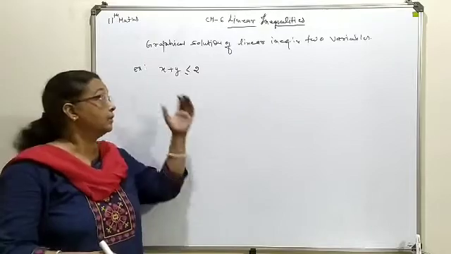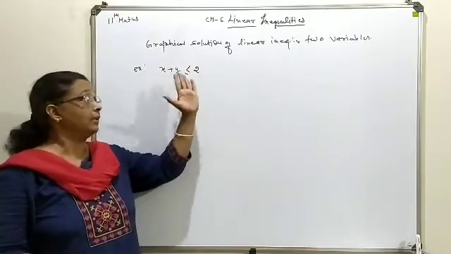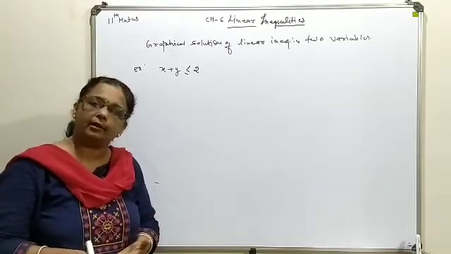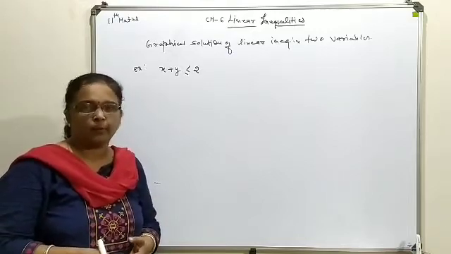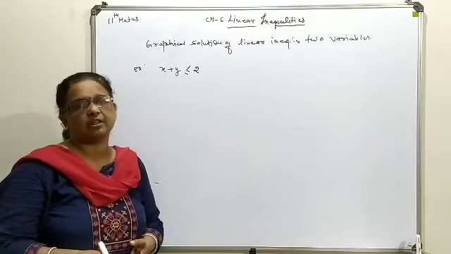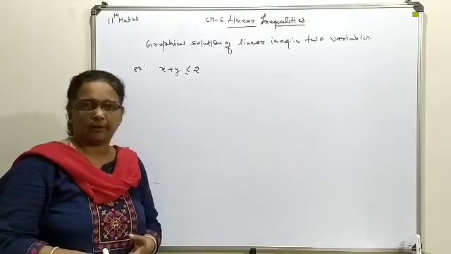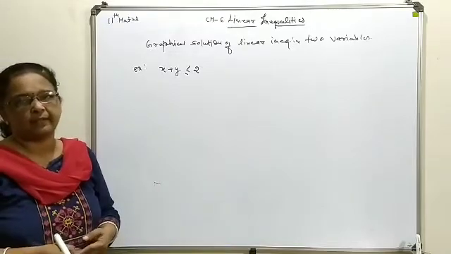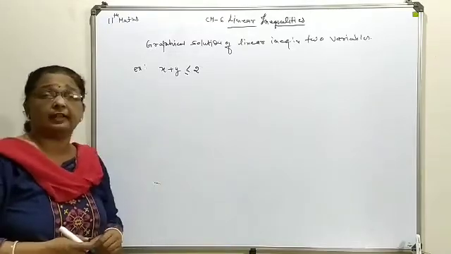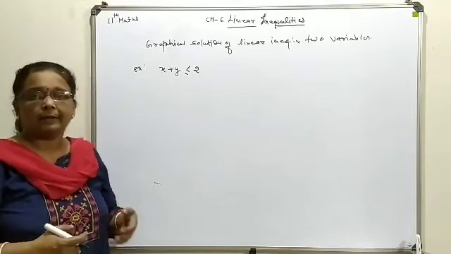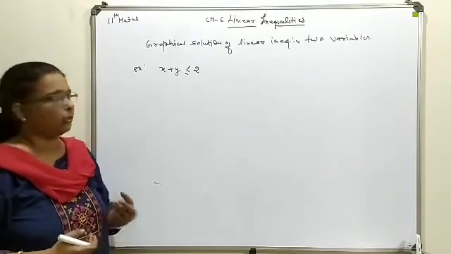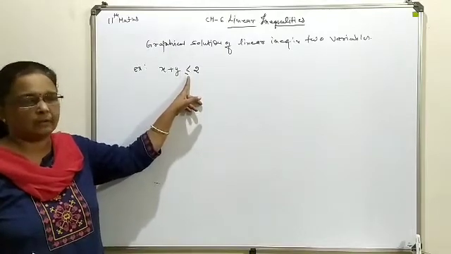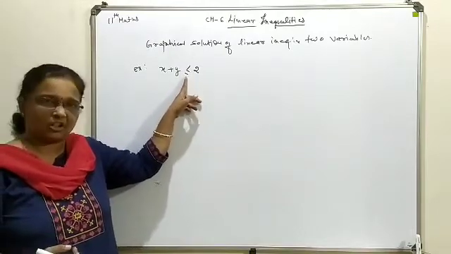Now first of all, this x plus y less than or equal to 2, you have to treat as a linear equation, and I hope you are very clear about presentation of a linear equation graphically. So points we have to find on the axis, and then we will represent this line on a graph. Then the main task for us is, as per this inequality sign, less than or greater than, we have to shade the region.